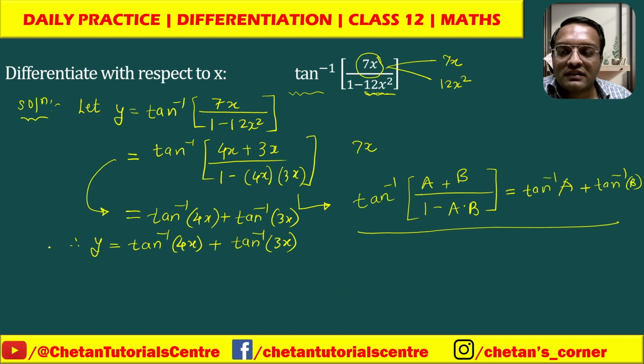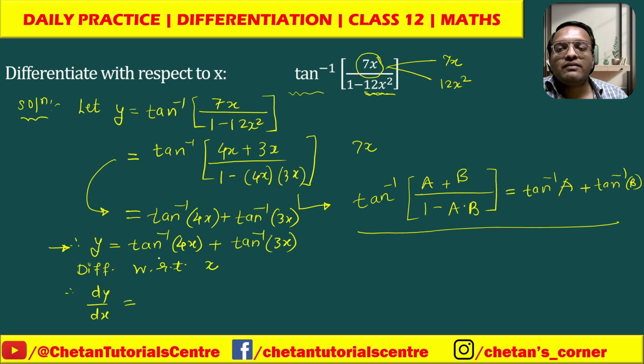Now I will differentiate this with respect to x. So differentiate with respect to x. Then what I will get? dy by dx is equal to. Now derivative of tan inverse x is 1 upon 1 plus x square. Here x is 4x. So 4x bracket square.